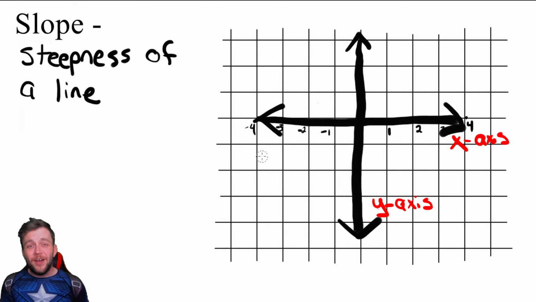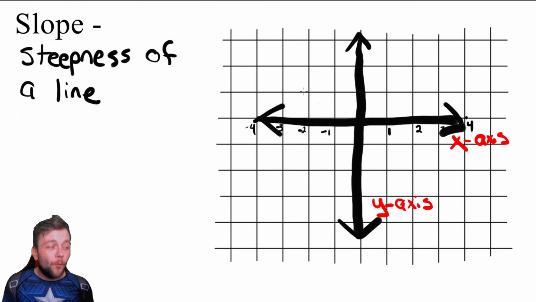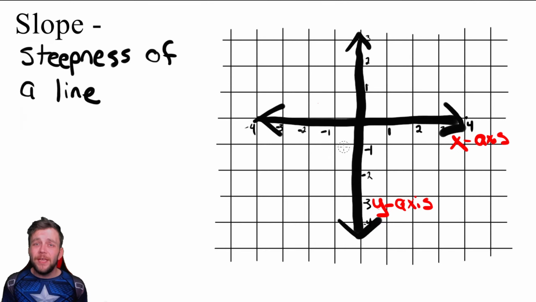Same exact concept with your vertical, your y-axis. That would be positive above and negative below, -3, -4 down there. So we have our labeled grid system. Steepness of a line, right?